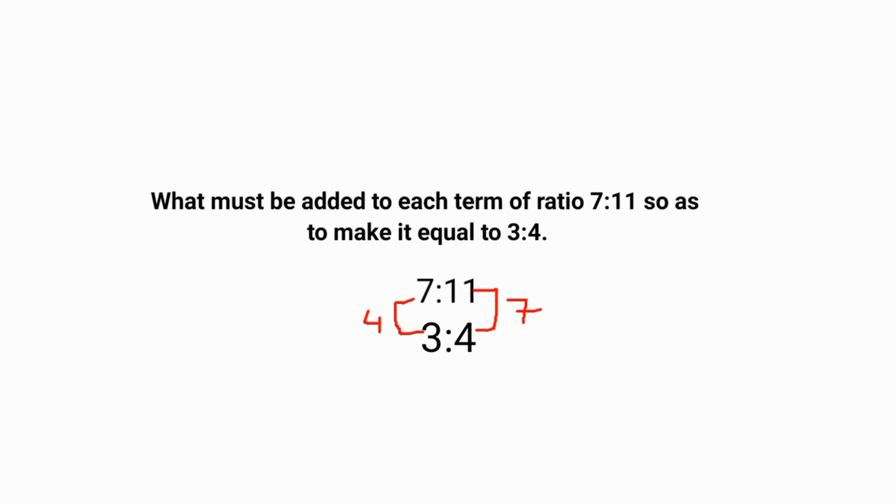So to make this difference equal, what we have to do? Multiply the first ratio with the difference of the second ratio. The difference of the second ratio is 4 minus 3, 1. So there will be no change. So the new ratio will be 7:11 itself. Now the second ratio is 3:4. We have to multiply this ratio with the difference of the first ratio, that is 11 minus 7, 4.